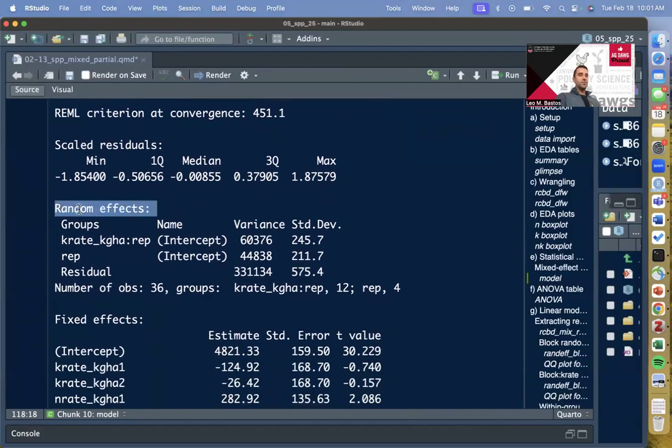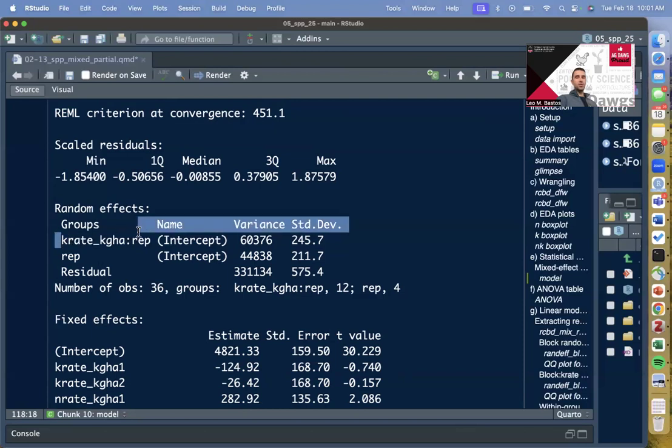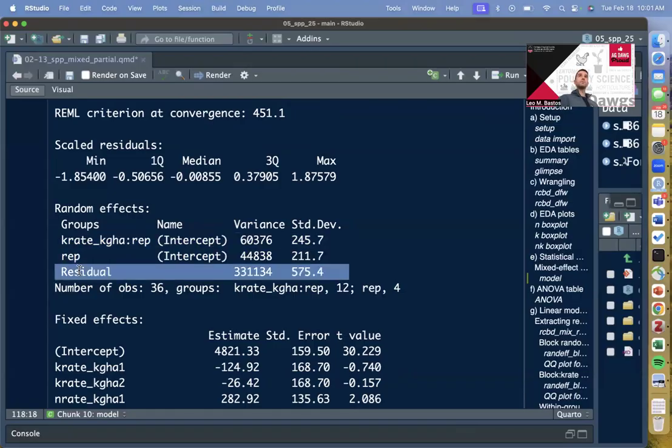Now, if we look into random effects, we have a couple of things here. Before, when we just had the RCBD with random blocks, we just had rep and then residual. Now we also have potassium rate, the interaction between potassium rate and rep. This is coming from your random effects. This is your model residual, so this is your e_ij.